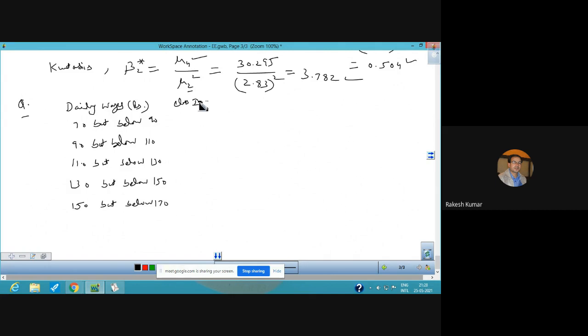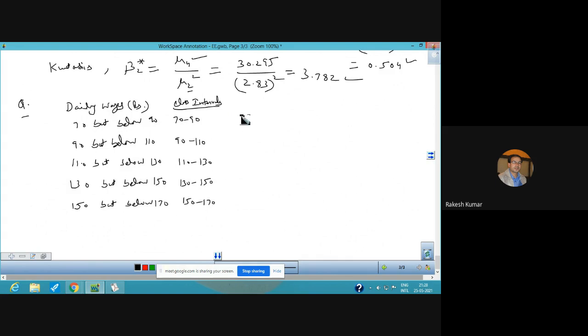I am solving it along with you in the same place. So the class intervals become 70 to 90, 90 to 110, 110 to 130, 130 to 150, and 150 to 170.